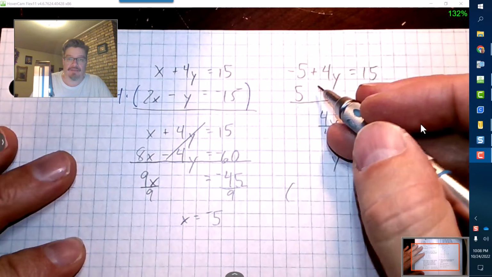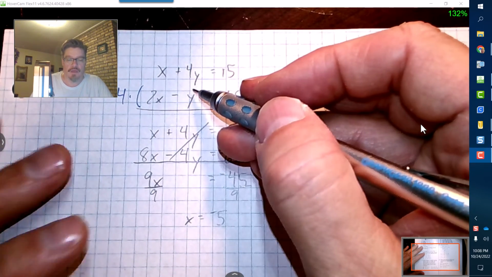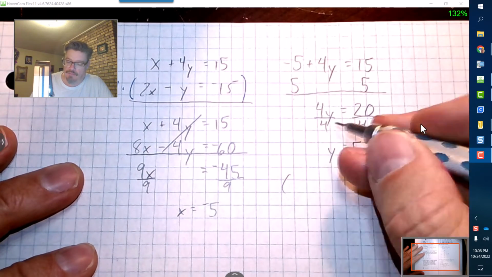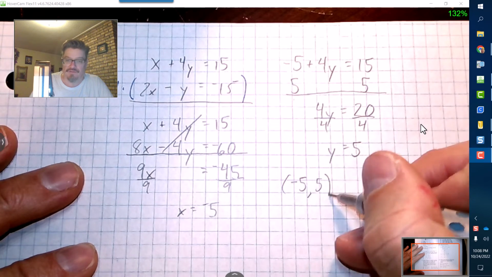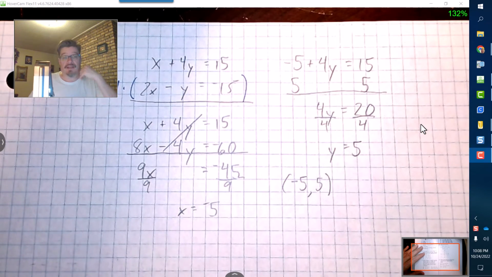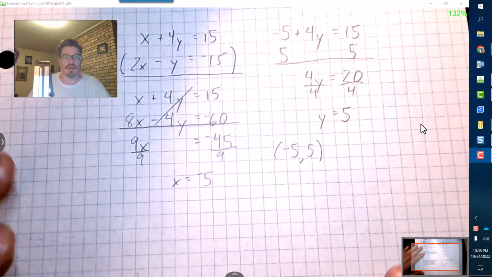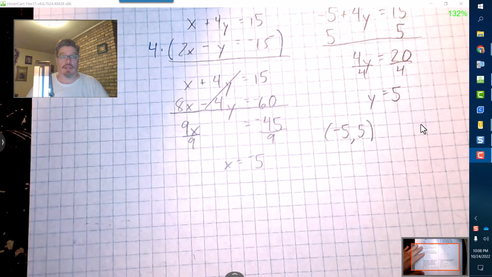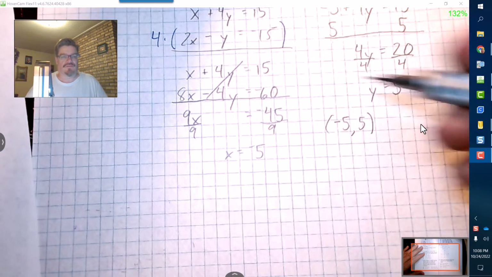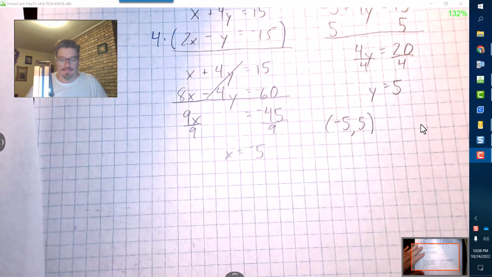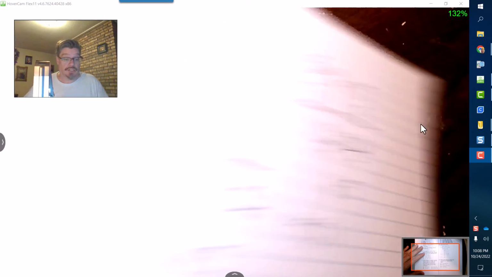These two lines, if I graph them, it is going to give me an intersection of negative 5, 5. We haven't really investigated the practical reason why these are great, but they're extremely useful in lots of applications that we will get into. Right now, we just want to focus on the skeleton structure of the algebraic engine.